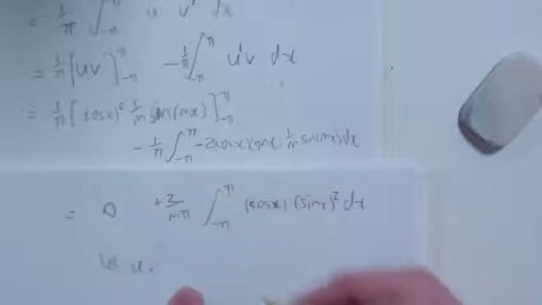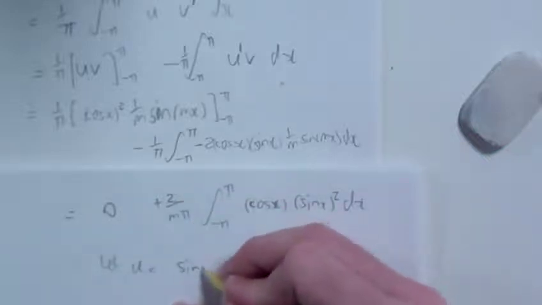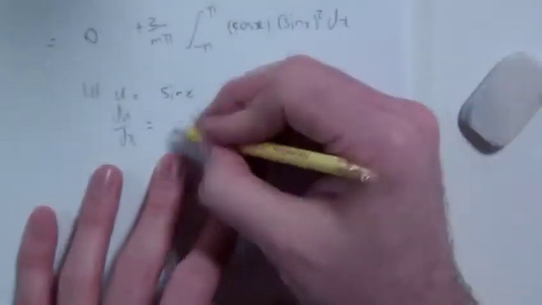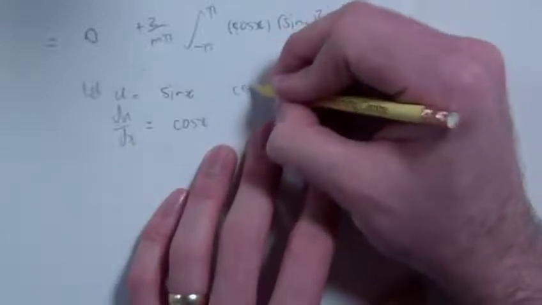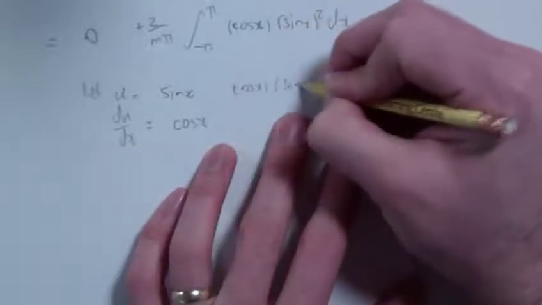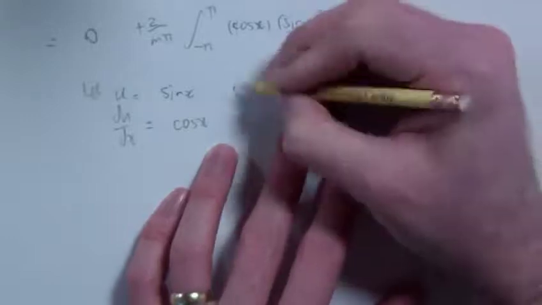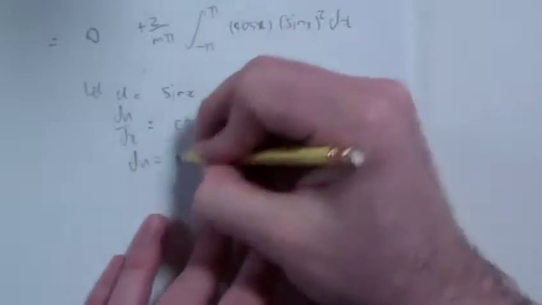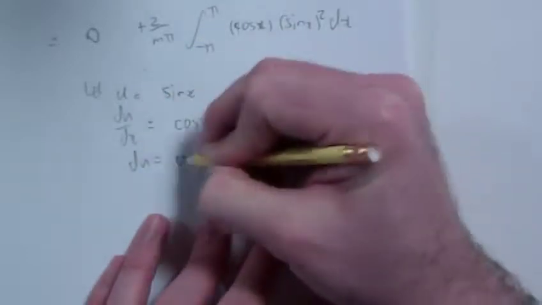Let u be equal to sine x, and du on dx is cos x, and so my cos x sine x squared dx. Sorry, just a second. So my du is cos x dx, which means that that bit there is my du. That's u squared.